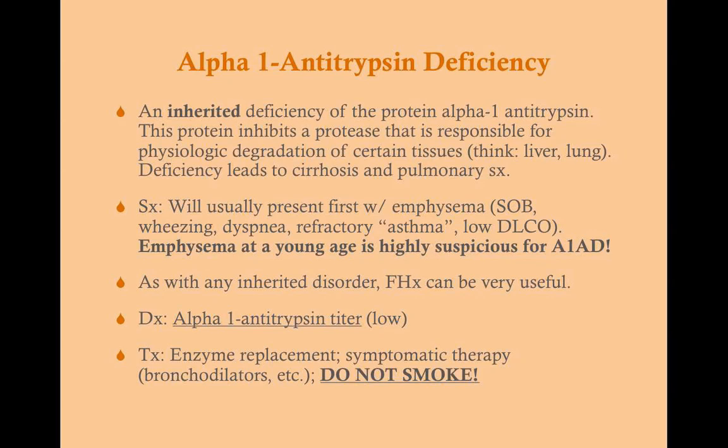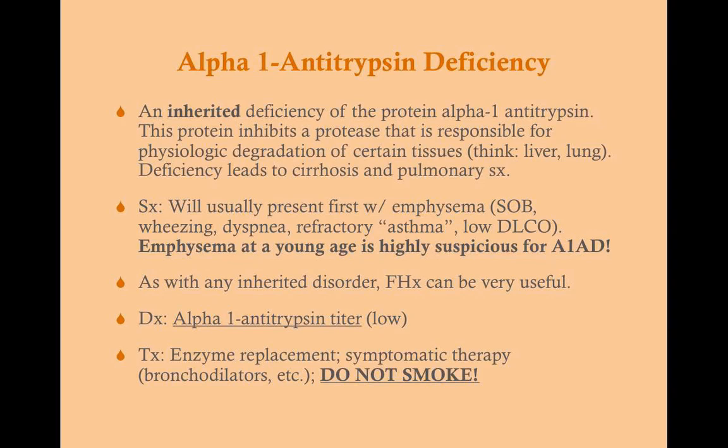If you don't have enough of the protein that inhibits the protease, the protease is going to be overactive. And this specific protease degrades tissue, so if you're not blocking a protein that's degrading tissue, you're going to get tissue degradation.